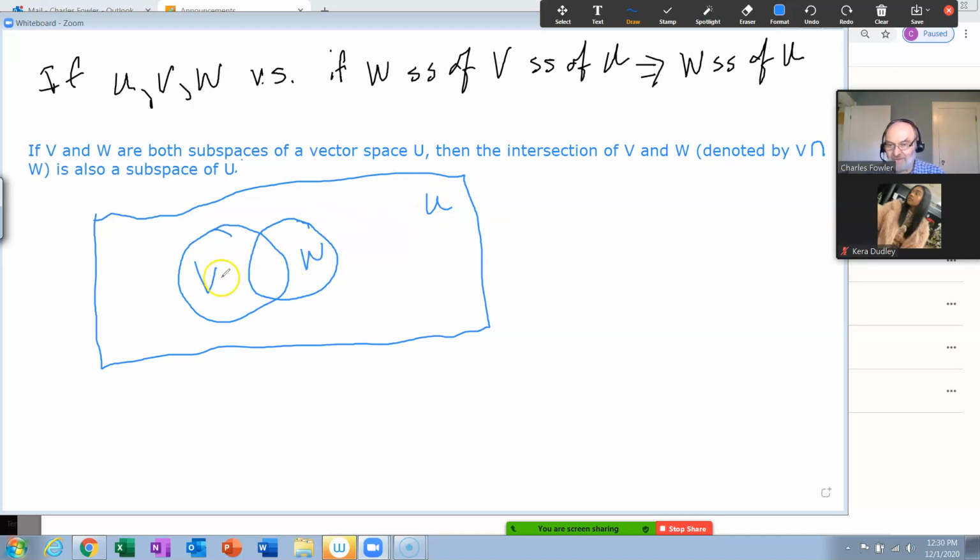They're all contained within here. Subsets would be contained too, but this is the subspace, okay? Everything in V is a subspace of U, everything in W is a subspace of U. So what's in here is in V and in W, and so all these things have to be subspaces of U as well. This is what V intersect W is, the space that is shared by both. Okay.